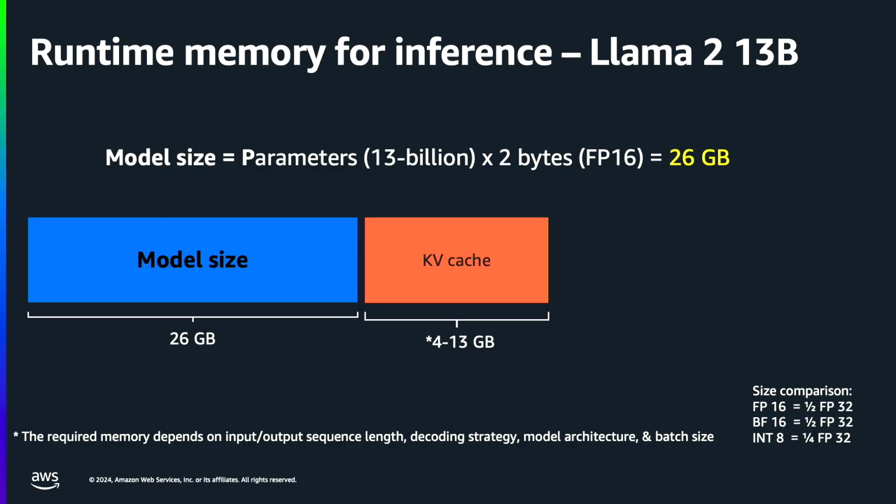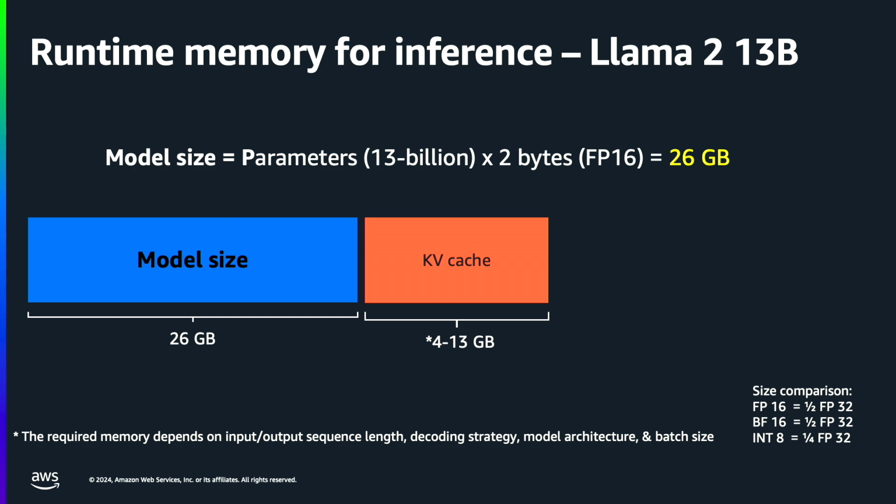Now, in the autoregressive decoding process, all of the input tokens to the LLM produce their attention key value tensors. And these tensors are kept in accelerator's memory to generate next tokens. These cached key and value tensors are often called KV cache.